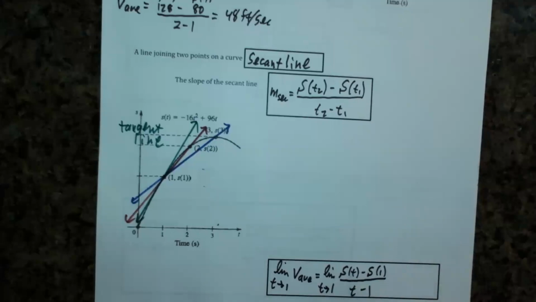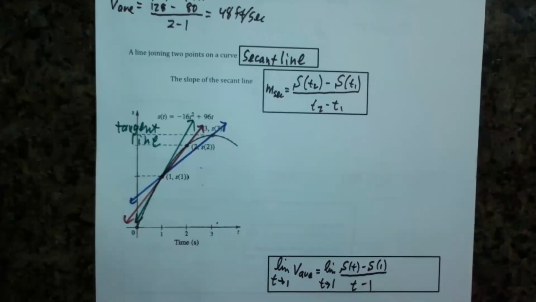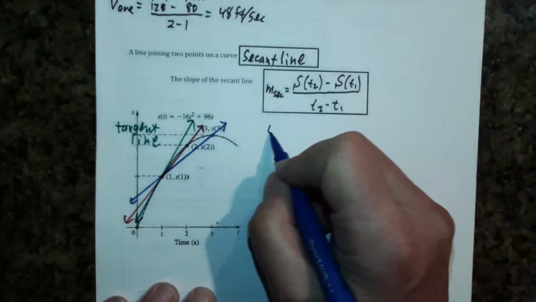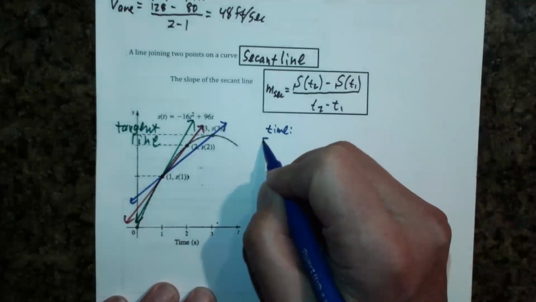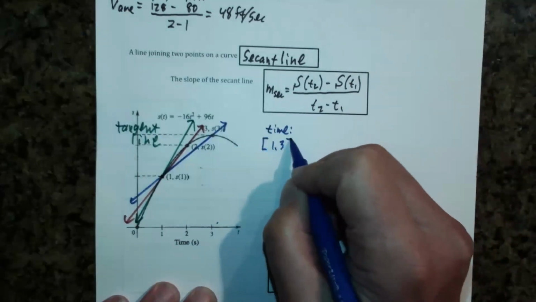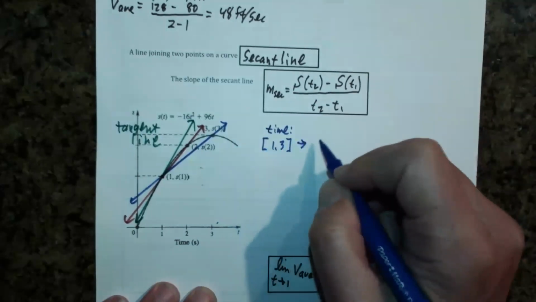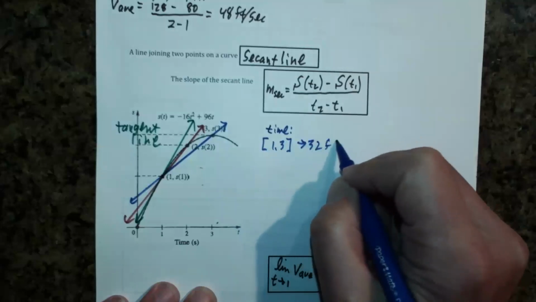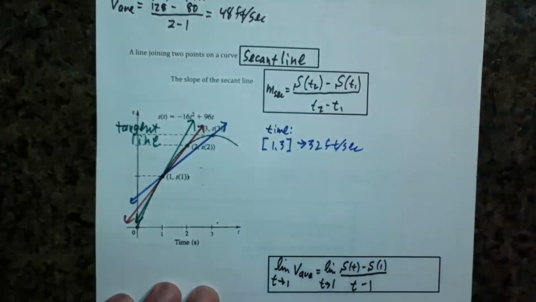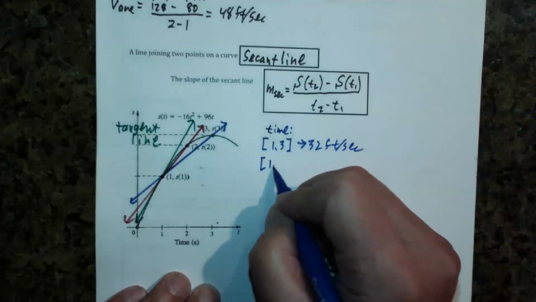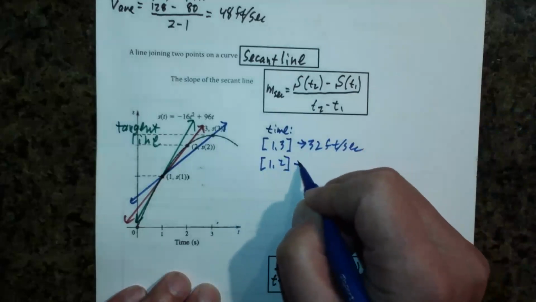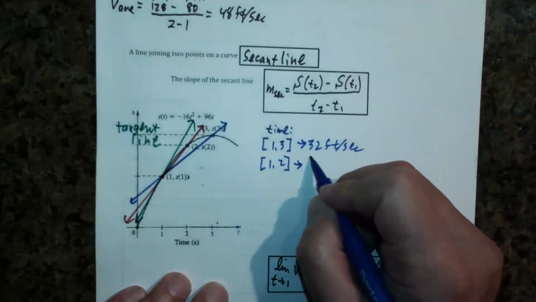But you can see as t is approaching 1, that's approaching 0 in the denominator. So we're going to have a way to combat that. Now, we've already calculated that as we go from 1 to 3, our average velocity is 32 feet per second. And we also did 1 to 2, and we got 48 feet per second.